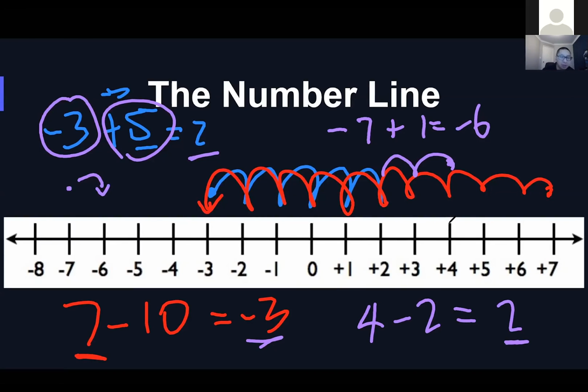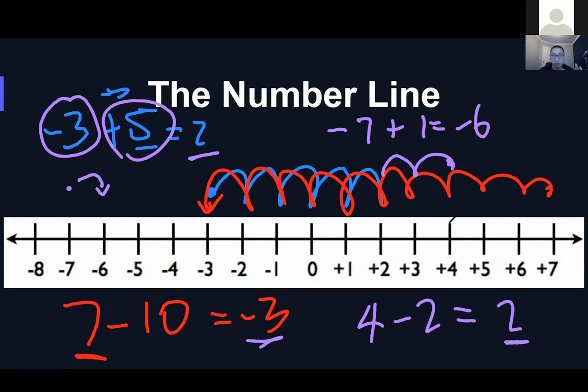The negative 7 is smaller than the 1 is big, so the final answer is going to be negative. Because all I'm doing when I've got a positive and a negative is finding the difference. The difference between 7 and 10 is 3. And then because I'm subtracting away more than the positive has, I know the answer is going to be negative.